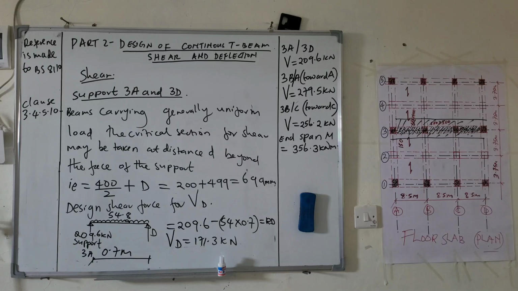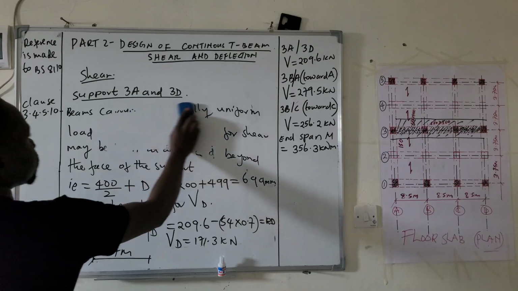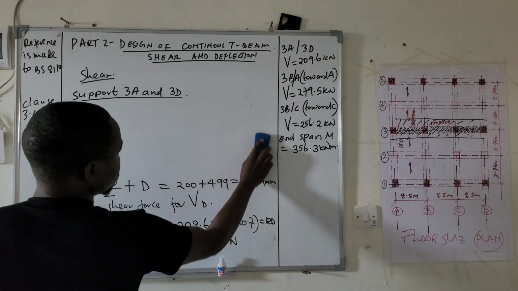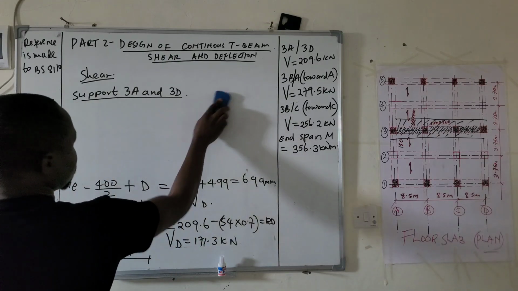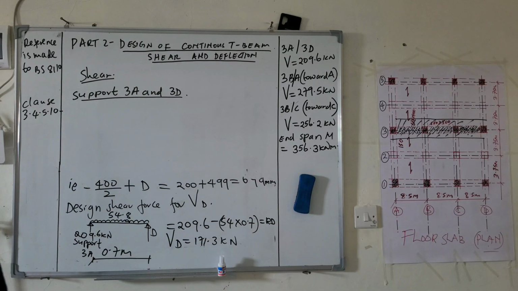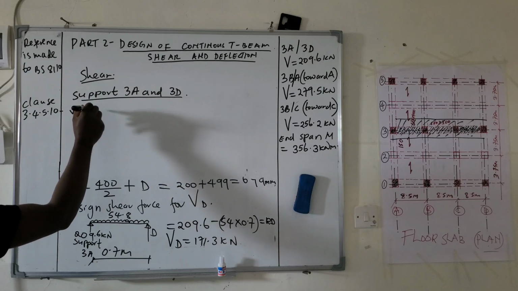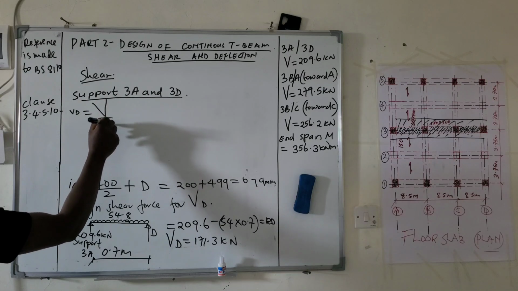We will use this VD to calculate the shear stress, which is small v, at D. So small v is equal to V over bd.